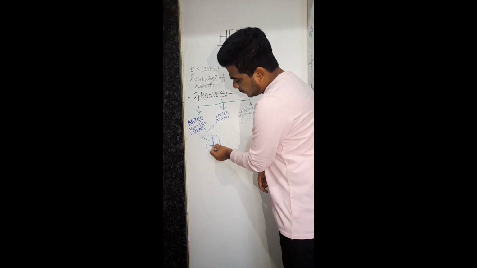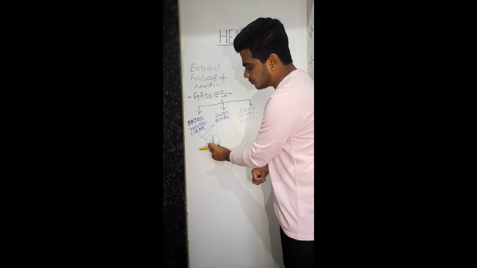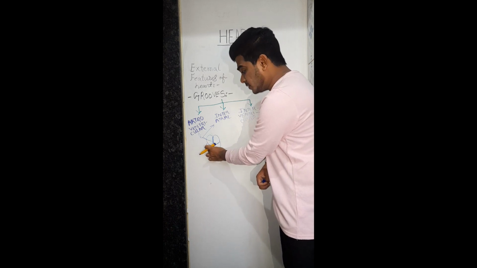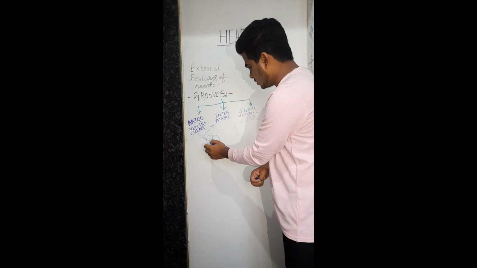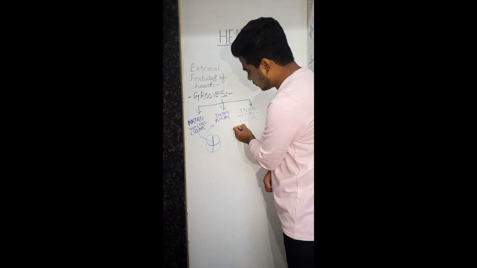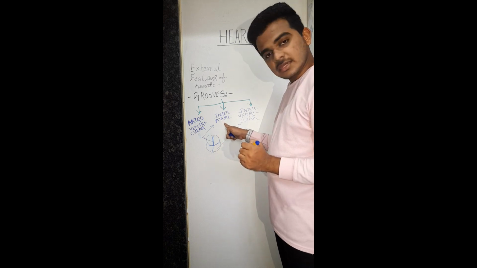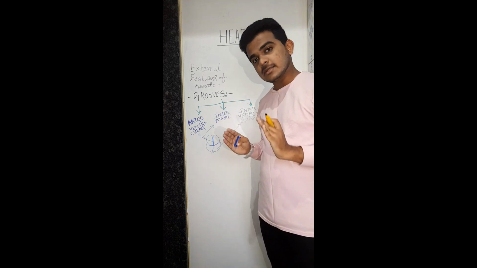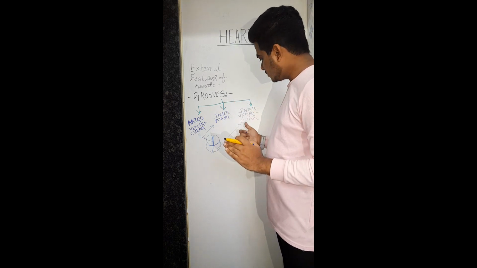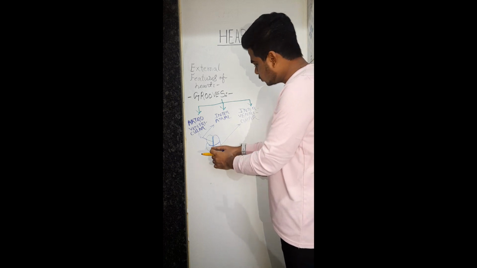And if you go down there are ventricles. There are two ventricles. Just between the two ventricles there is the interventricular groove. Interatrial groove is between the two atria, and interventricular groove is between the two ventricles.